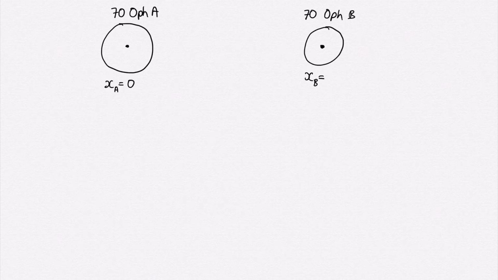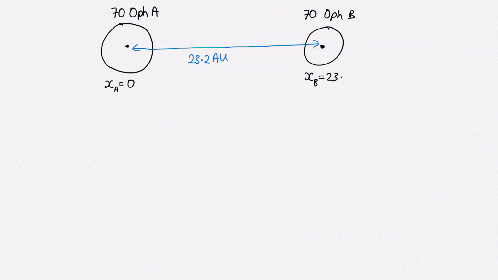And we're told in the question that this average distance between these two, which is where this is located now, is equal to 23.2 AU. So because that's 23.2 AU from the origin, it is at x is equal to 23.2 AU. And we're told that the mass of star A is equal to 0.90 solar masses.